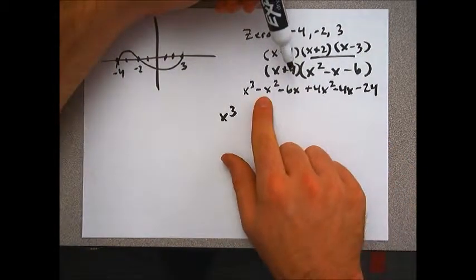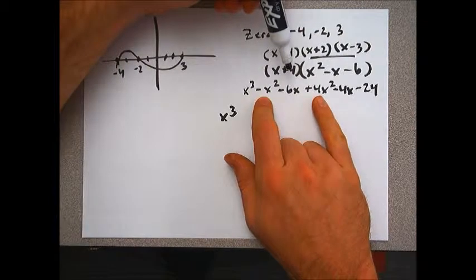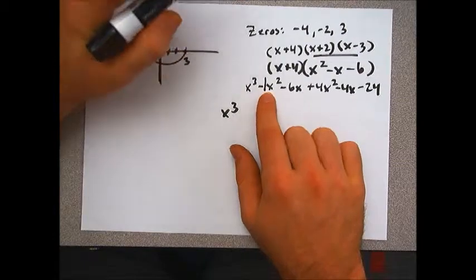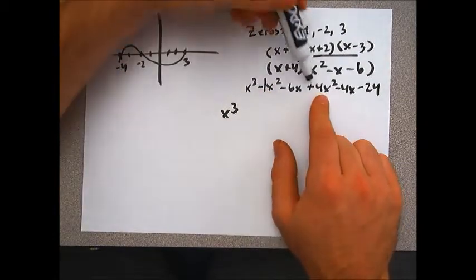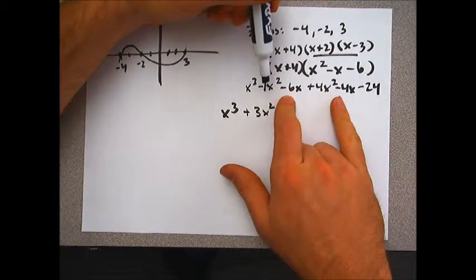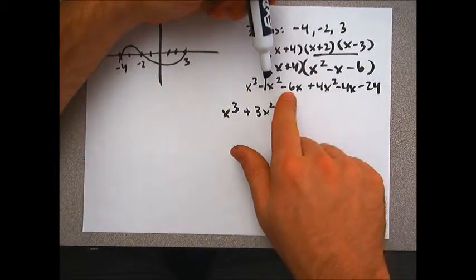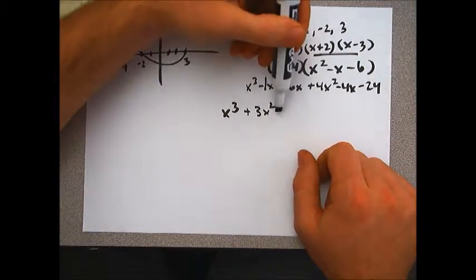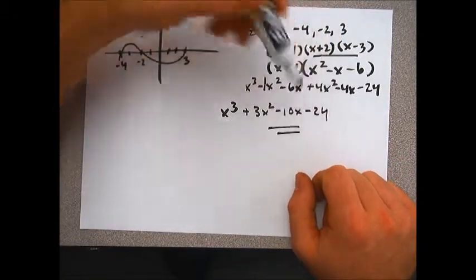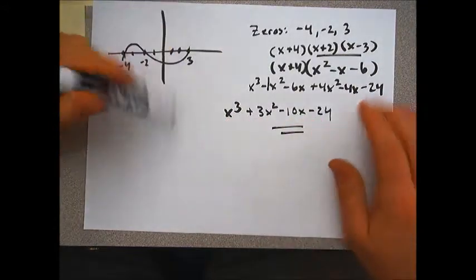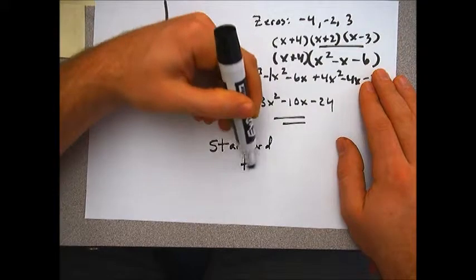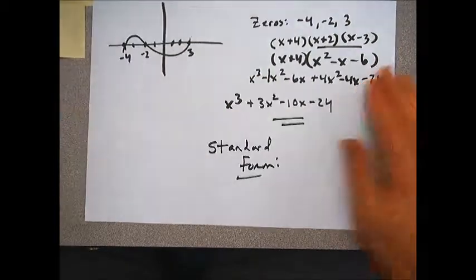I have -x squared here, plus 4x squared here, negative, which is like saying 1x squared, even though you don't normally write that in. -x squared plus 4x squared is a plus 3x squared, minus 6x minus 4x, minus 6, take away another 4, gives us minus 10x, and then bring down our -24, and this would be your equation in standard form.